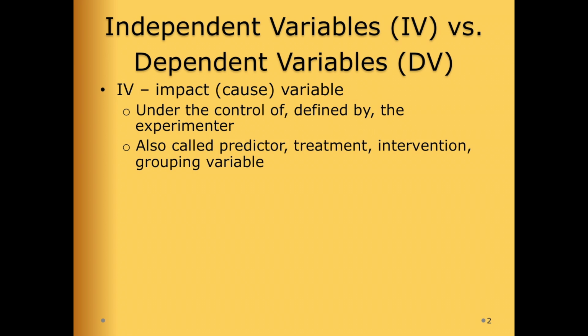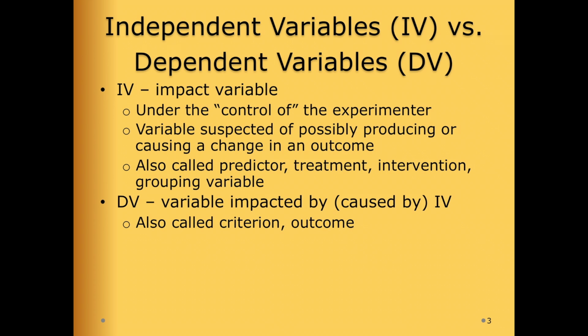Although the independent variable might be thought of as the cause variable, whether or not we can truly conclude that the independent variable caused a change in a dependent variable is a function of the type of research design used by the researchers.